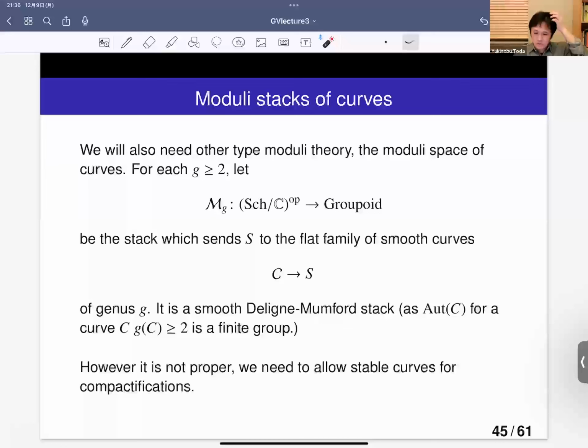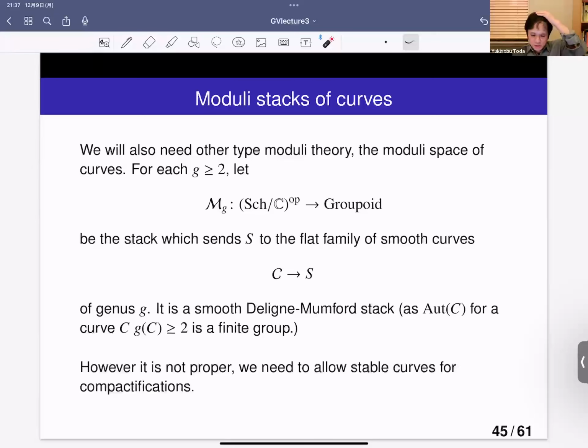Yeah, so far I considered only the moduli space of sheaves, but this is just a reminder about other moduli theories, like the moduli stack of curves, not sheaves. This is usually used in defining Gromov-Witten theory.